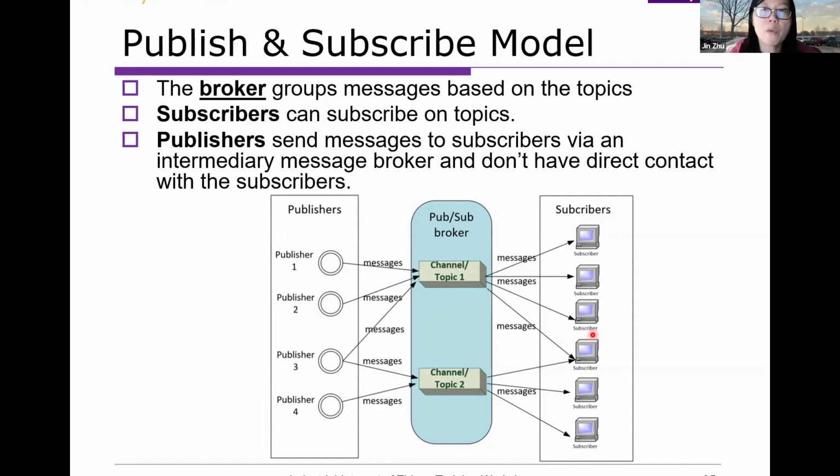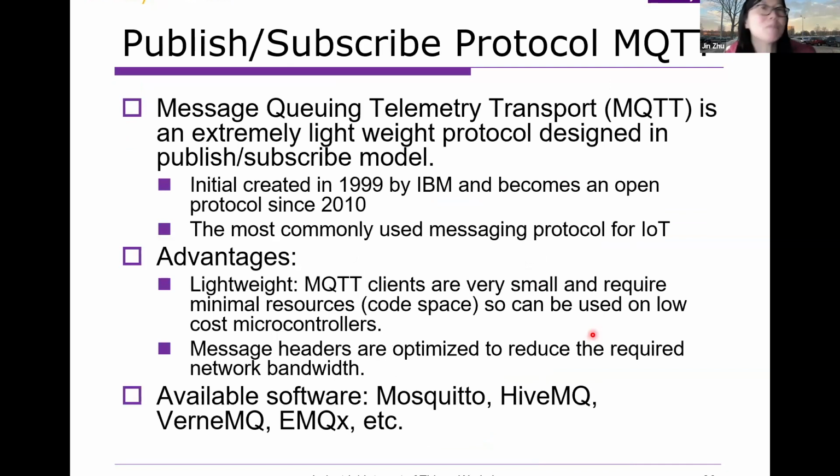We'll discuss one of the protocols that implements this model, named MQTT, the message queuing telemetry transport protocol. It was originally created by IBM, but now it's an open protocol.